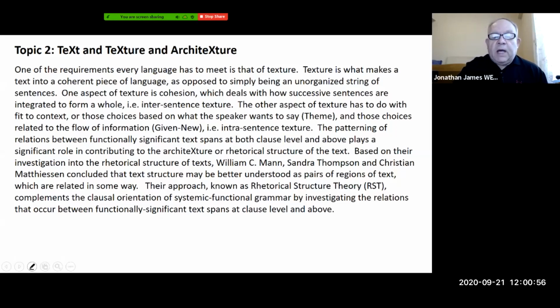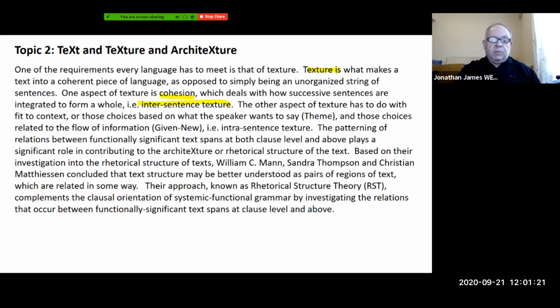We've been talking about texture, and we said it has to do with cohesion. And Halliday, as I've been mentioning, more or less looks at cohesion in terms of what he calls inter-sentence texture.